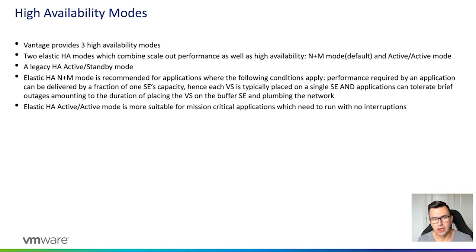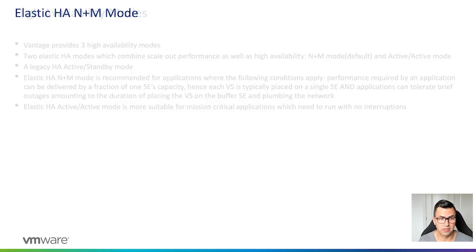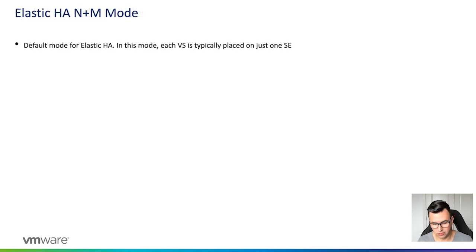Now, on the other hand, we have an active-active mode, and that is more suitable for mission-critical applications which need no interruptions. The virtual service placed on this mode is going to run at a minimum on two service engines. One service engine will be primary, and the others will be secondary.